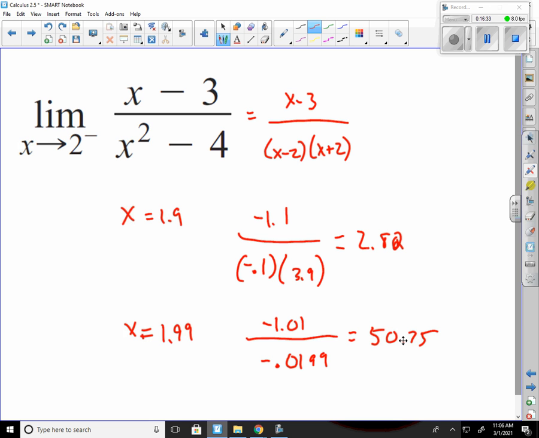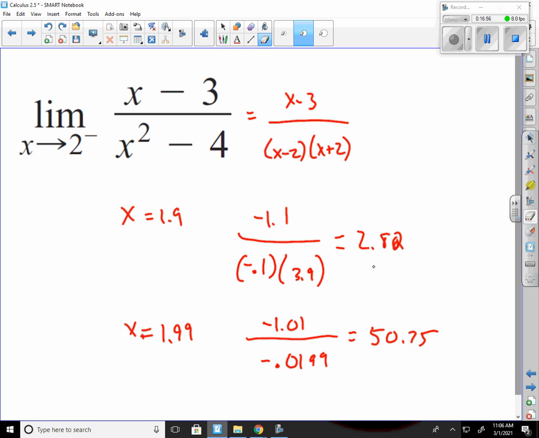So my limit as it approaches from the right-hand side. I think that's actually a mistake, but it is going to be higher than the last one. Negative 0.1 times 3.99. Yeah, it's going to be like 3 something.